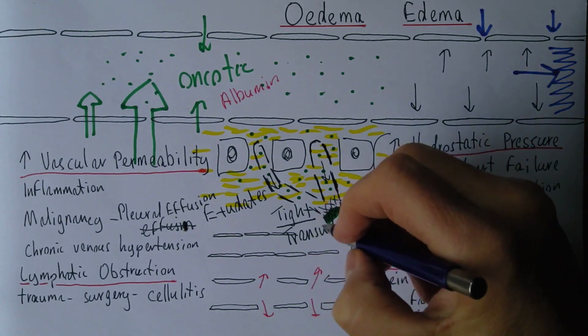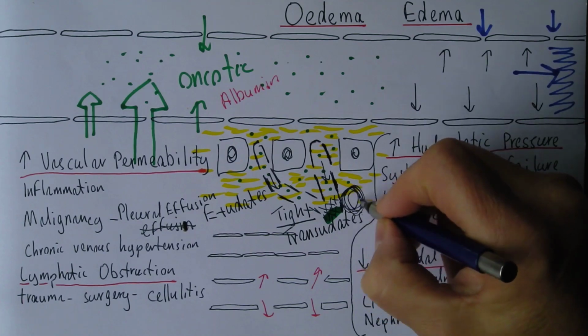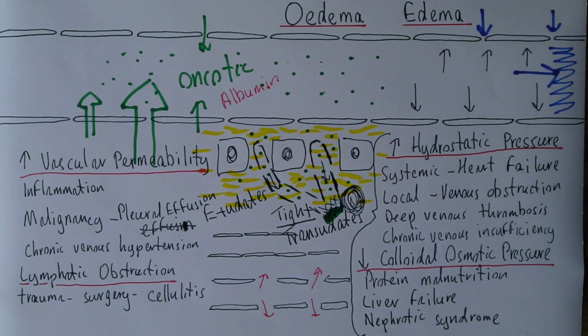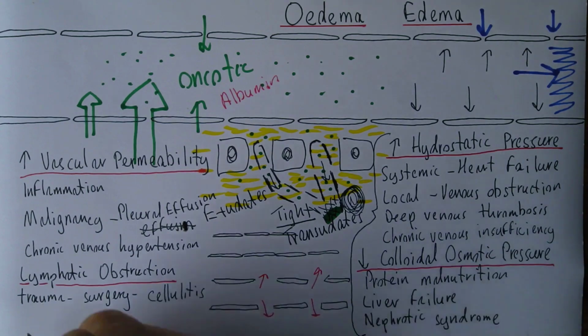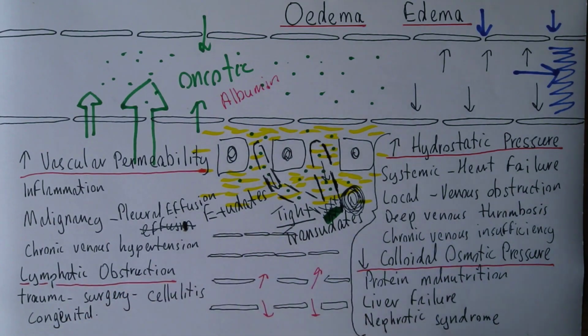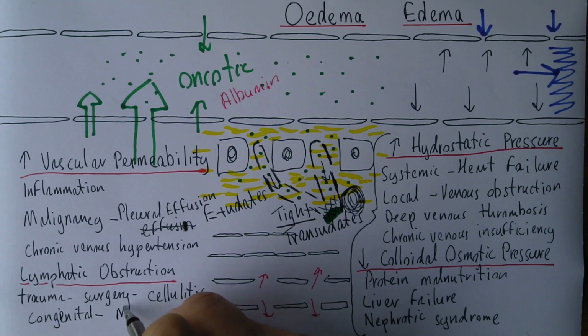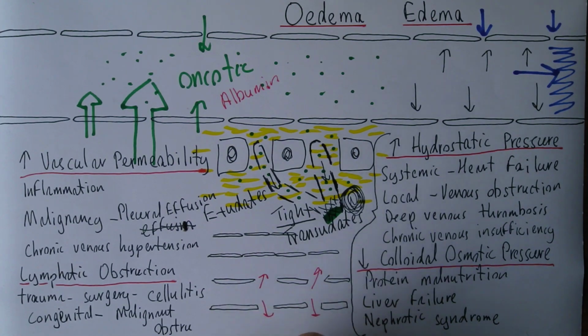Tumours can press on lymphatic vessels, so there's a big tumour there that can press on the lymphatic vessels. Malignant obstruction. Sometimes it's congenital. Just people are born with it. We do see quite bad malignant obstructions. Can cause gross edema sometimes, complicating the palliative care situation.